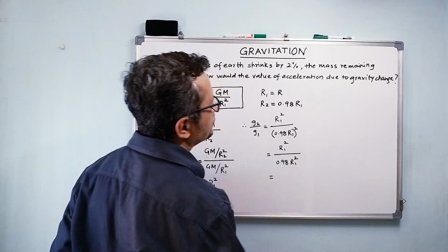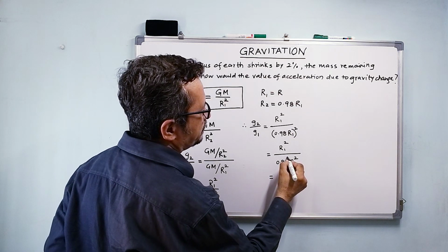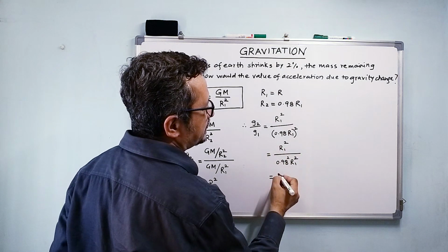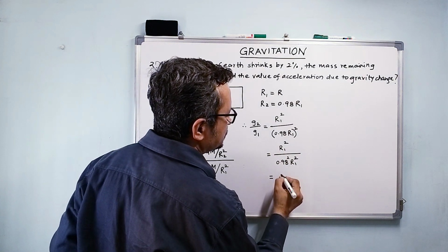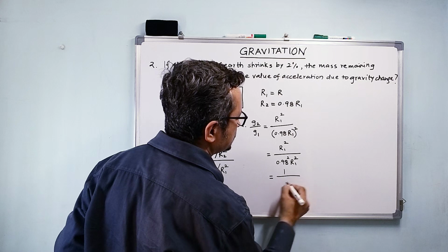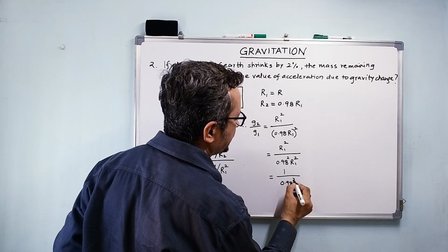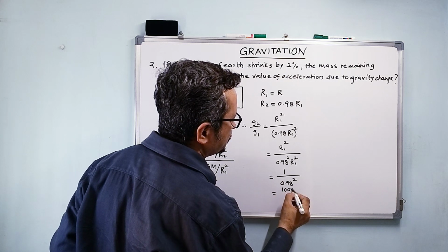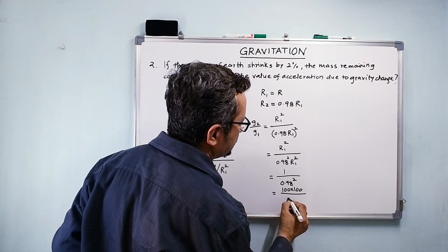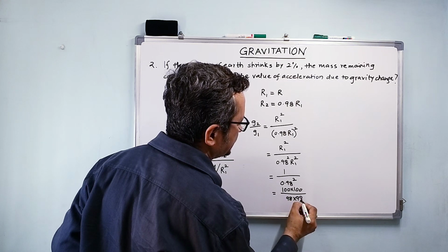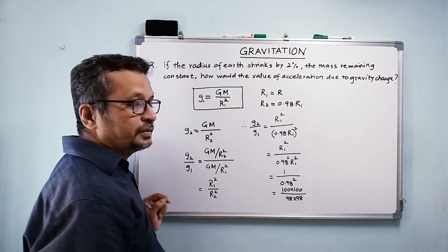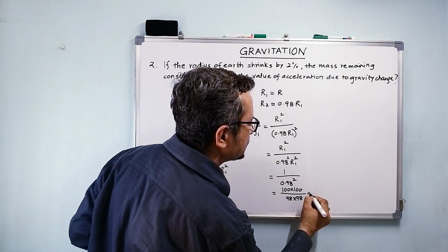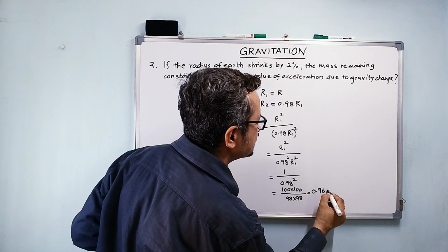So my R1 square and R1 square are going to get cancelled. So this is going to be 1 upon 0.98 square, correct? So this is going to be 100 into 100 upon 98 into 98, and this is going to be approximately equal to 0.9604.